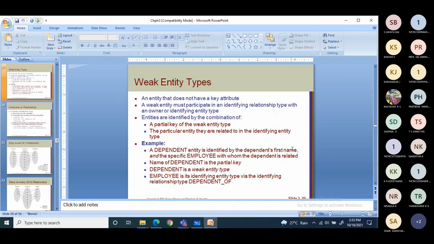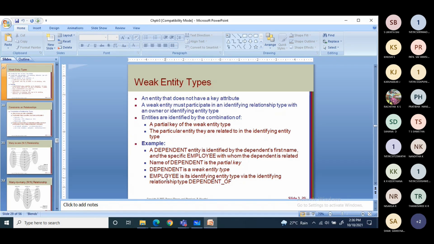And the specific employee with whom the dependent is related. The first name of the dependent cannot identify it, and we need the specific employee with whom the dependent is related. The name of the dependent is a partial key, dependent is a weak entity type, employee is its identifying entity type via the identifying relationship type. Dependent of is one relationship type between the employee and dependent.